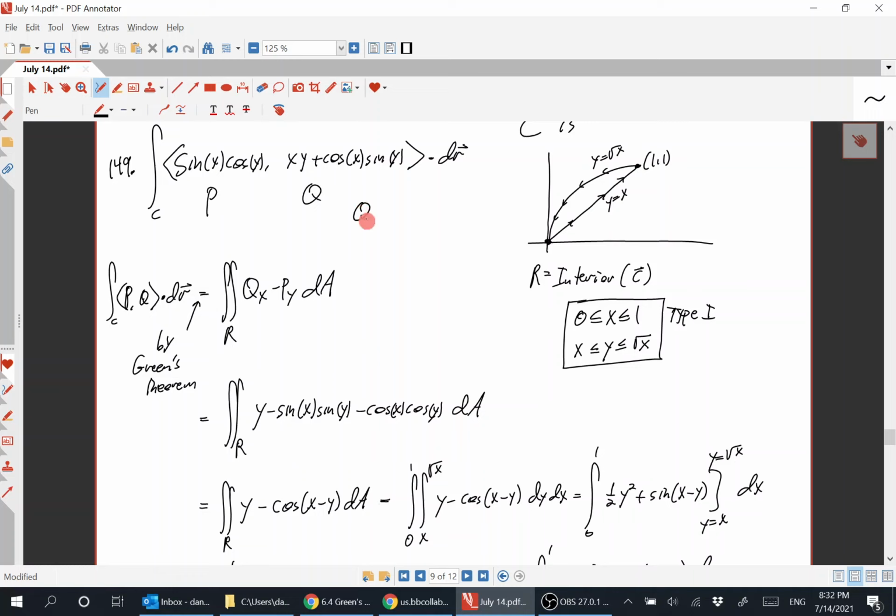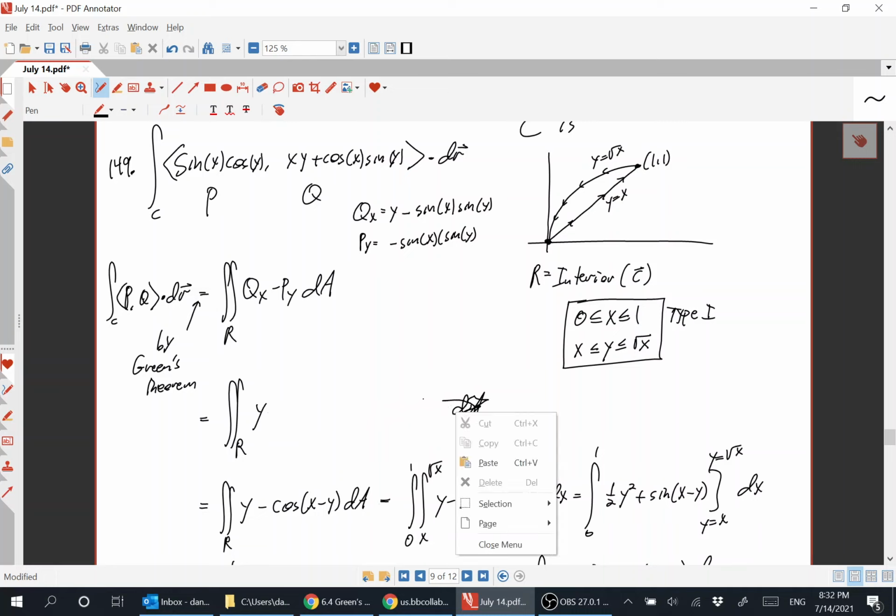Qx is equal to y minus sine x sine y. Py is minus sine x sine y. I'm sorry, I made a mistake here. So Qx minus Py is just y. Sorry. Those canceled each other out.